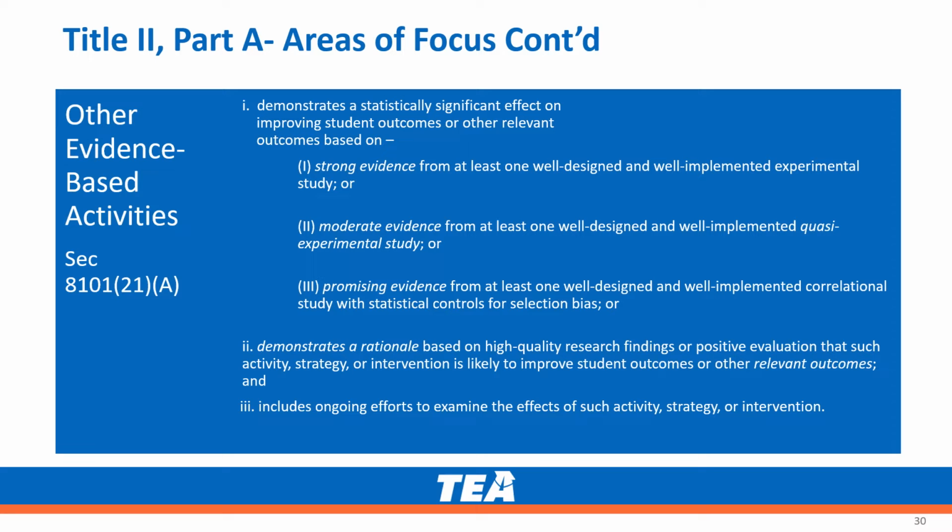Here, the statute states that an activity is considered to be evidence-based if it demonstrates a statistically significant effect on improving student outcomes or other relevant outcomes based on strong evidence from at least one well-designed and well-implemented experimental study, or moderate evidence from at least one well-designed and well-implemented quasi-experimental study, or promising evidence from at least one well-designed and well-implemented correlational study with statistical controls for selection bias.